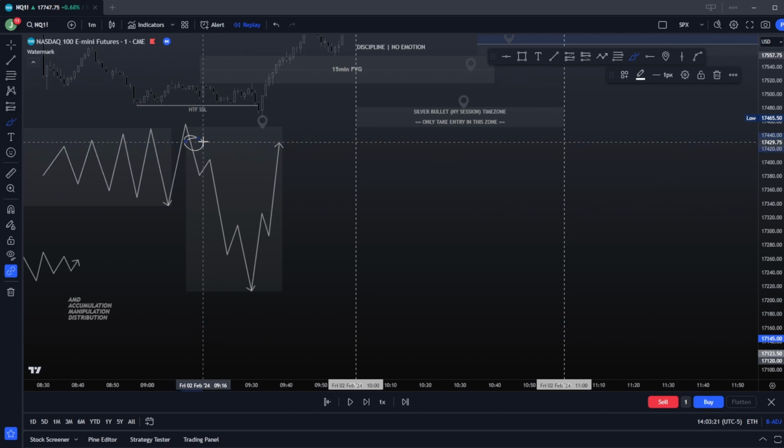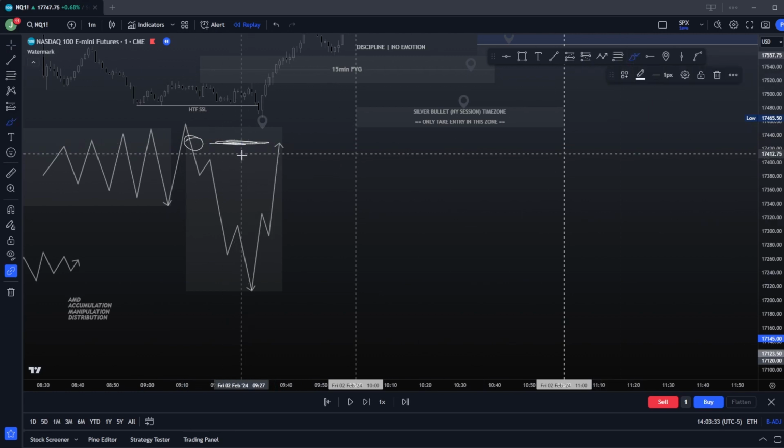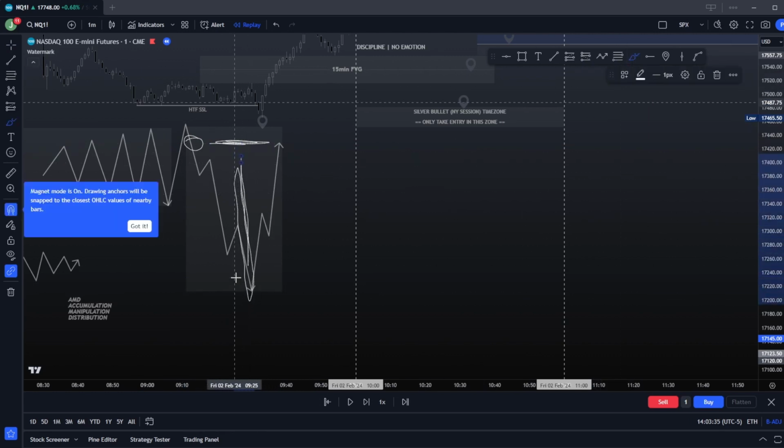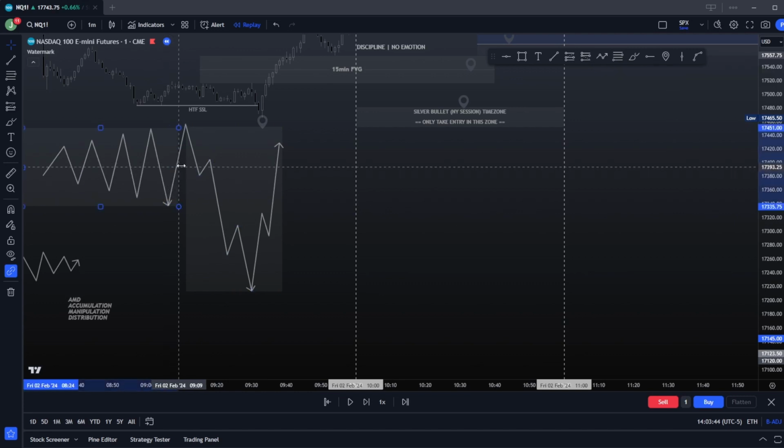The candle opens up here, comes down, it looks bearish, it comes back up, and now it's a market indecision candle. Now, when that happens, you have a big wick. Now that is manipulation. Yeah, they have to look like each other.